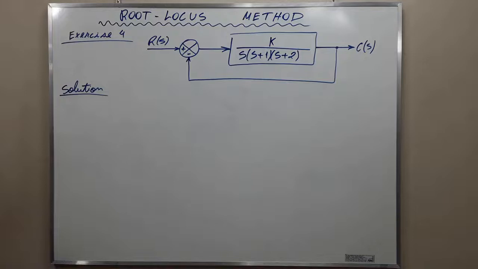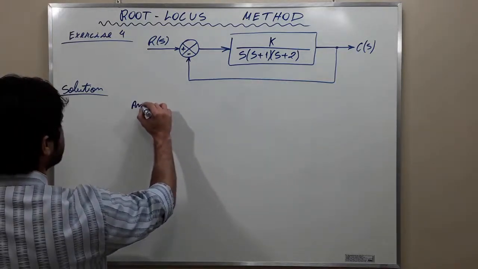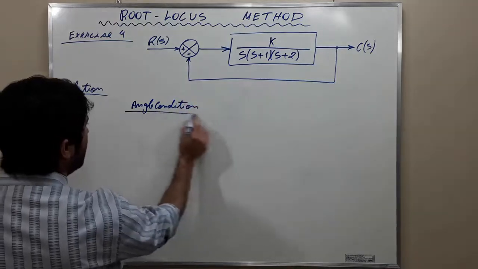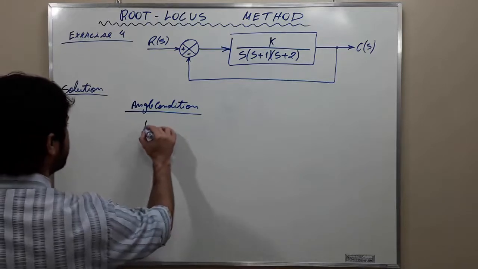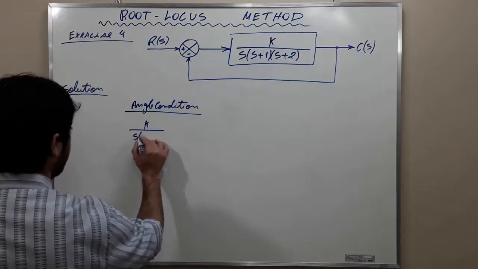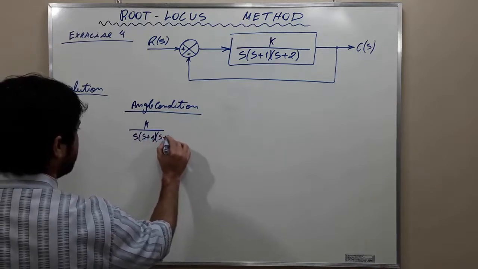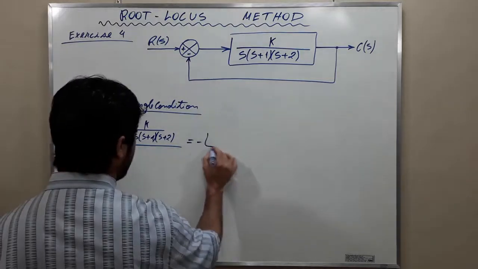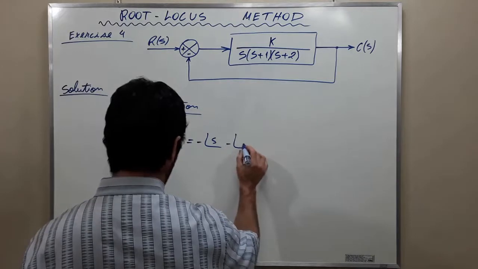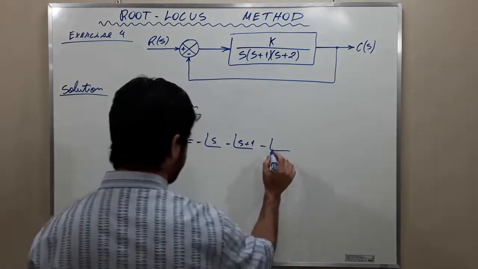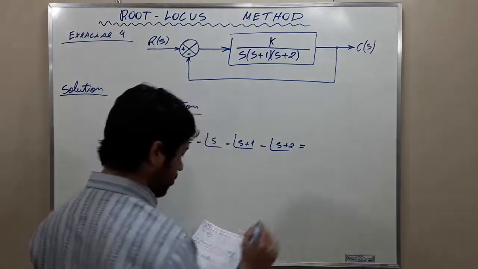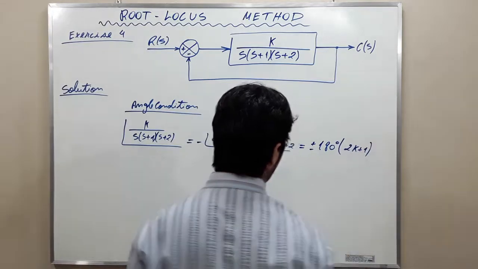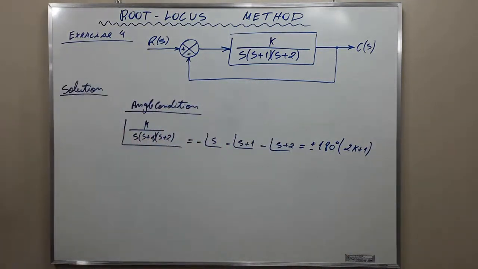The angle condition is going to be that the angle of k over s(s plus 1)(s plus 2), this angle, which is equal to the negative of the angle of s minus the angle of s plus 1 minus the angle of s plus 2, has to be equal to plus minus 180 degrees (2k plus 1). Okay? This is the angle condition.